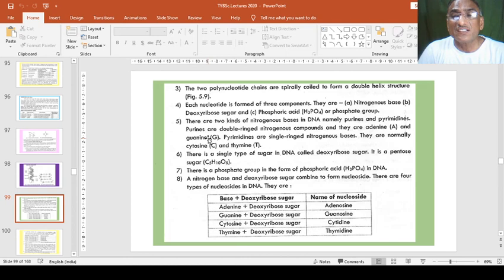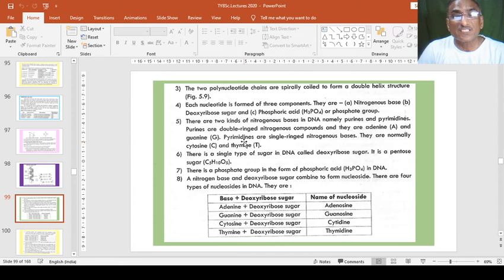Whereas pyrimidines are single ringed nitrogenous bases, and they are normally cytosine and thymine. Cytosine and thymine, CT, are single ringed, and AG are double ringed. These are the purines and these are the pyrimidines.